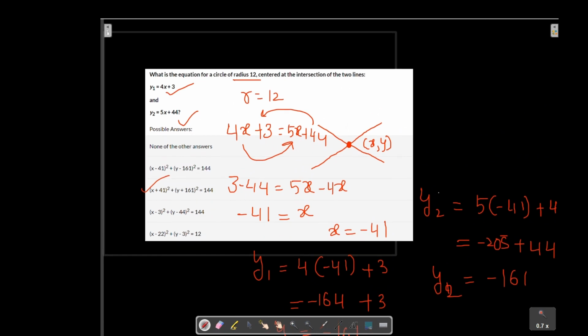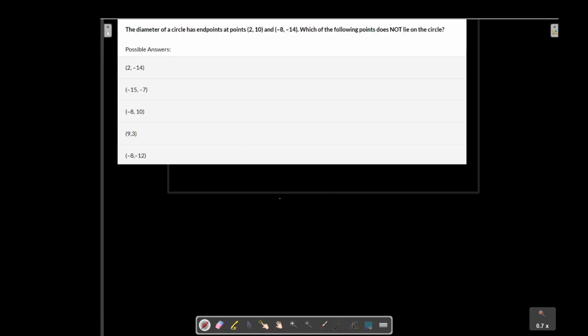Okay, let's move to the last question in this session. The diameter of a circle has endpoints at 2, 10 and negative 8, negative 14. Which of the following points does not lie on the circle? To know the points on the circle, we should know the equation of the circle.